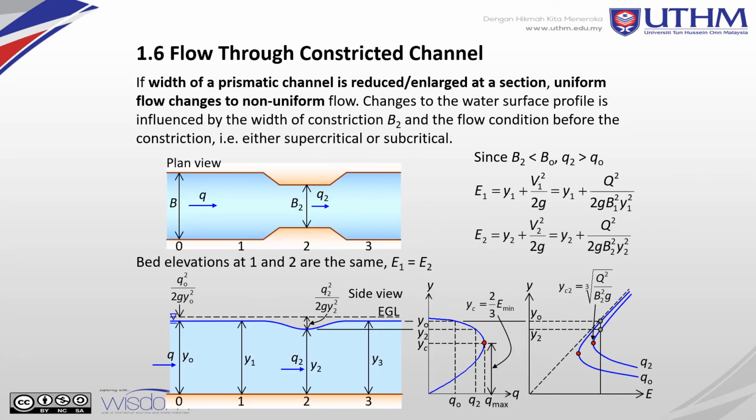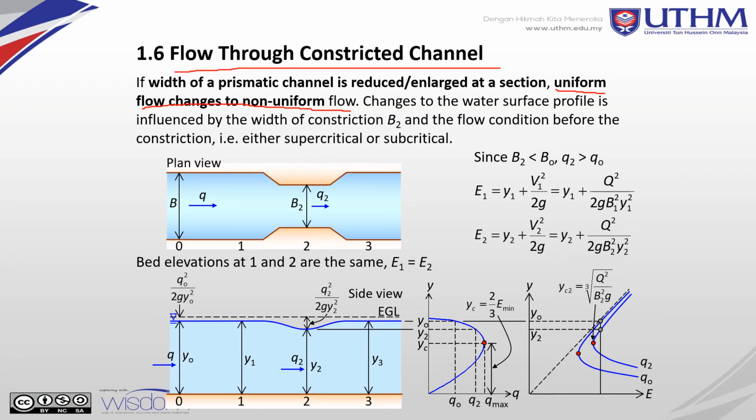Okay, so this is 1.6 flow through constricted channel. Okay, the previous slide is using the broad-crested weir, but for this slide is 1.6 flow through constricted channel. Okay, if the width of a prismatic channel is reduced or enlarged at a section, uniform flow changes to non-uniform flow.